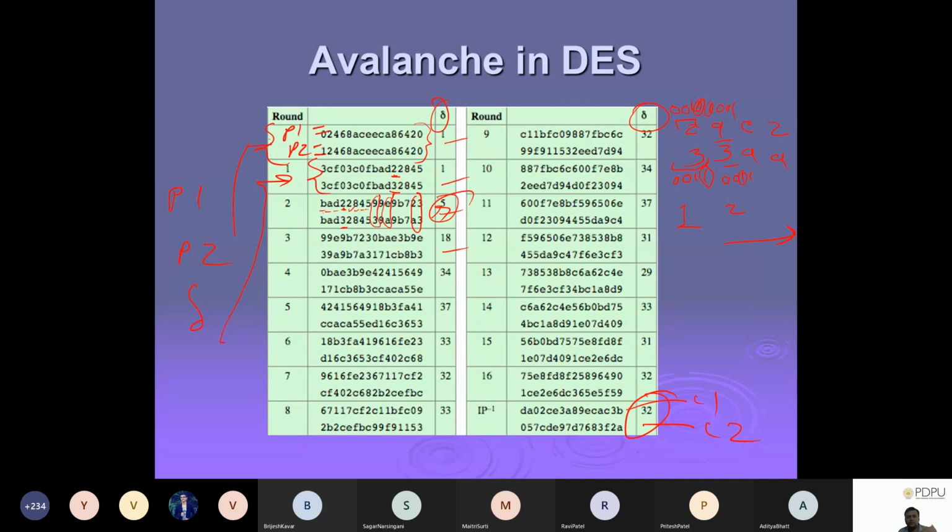It means you have 64 bits for plain text 1, 64 bits upper level and 64 bits lower level, and you have to see how many bits are changing between the upper and the lower one. From that you will get the difference. But our main concern is how many bits are changing.